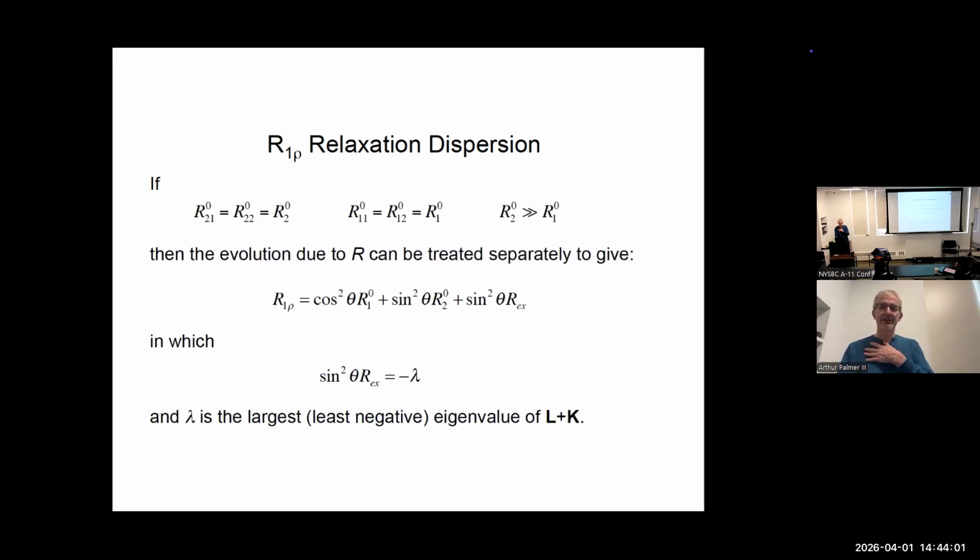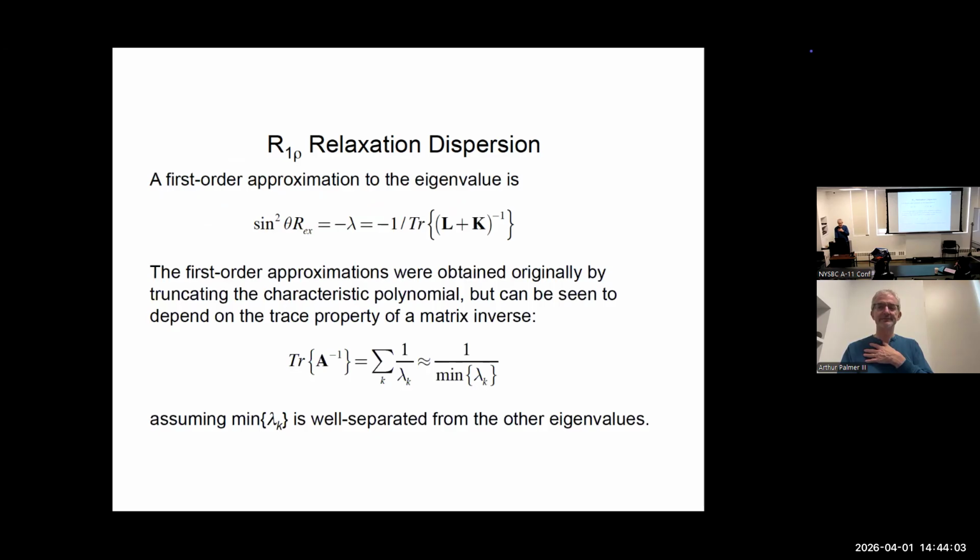So if we plug everything in, this is why it works. The trace of the inverse of a matrix is the sum of the reciprocals of the eigenvalues. And if we're looking for an eigenvalue near zero, its reciprocal is very large. And eigenvalues that are big, the reciprocals are near zero.